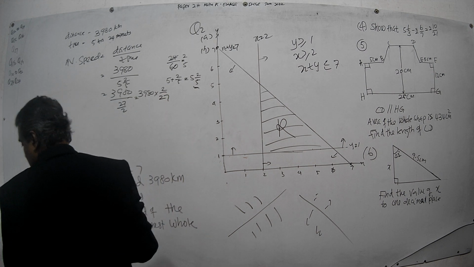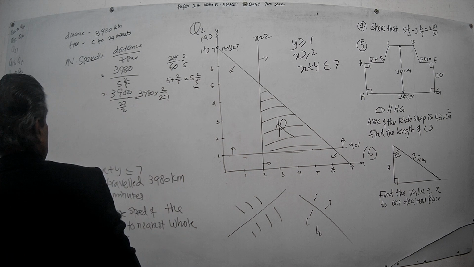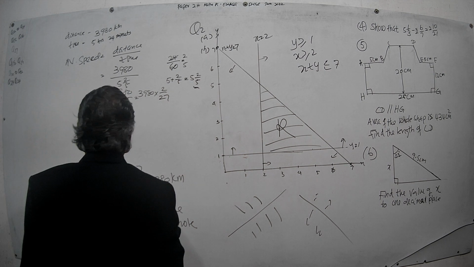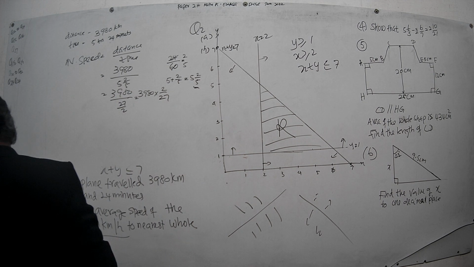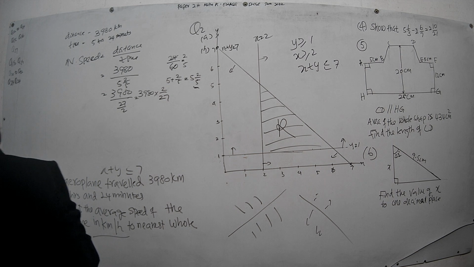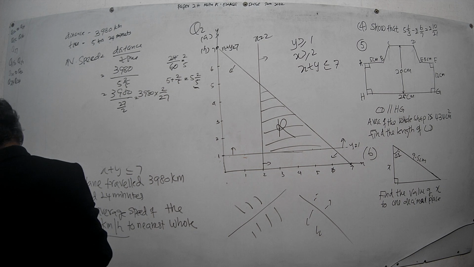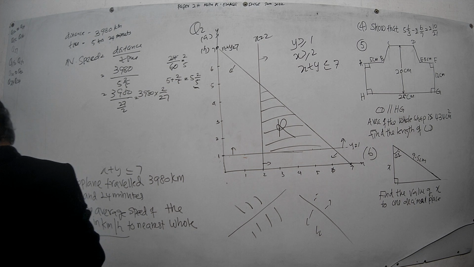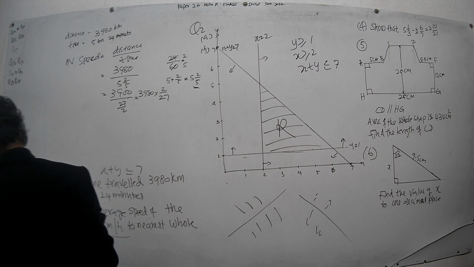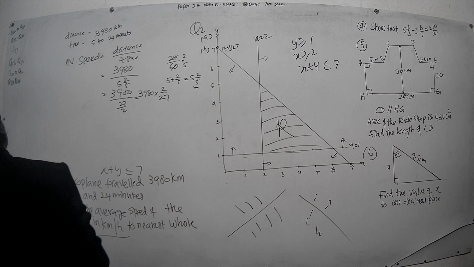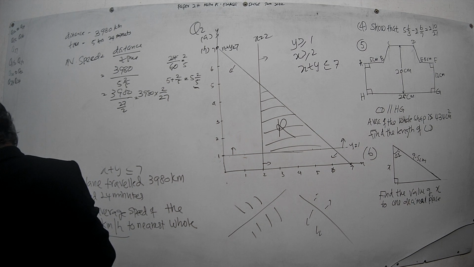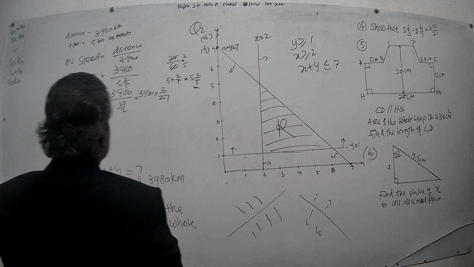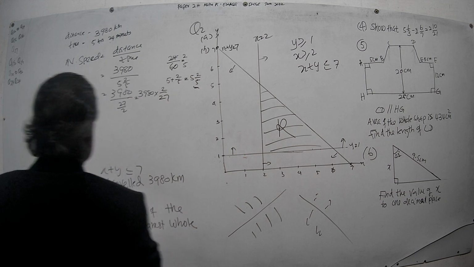Okay, now we use the calculator. That is 3980 multiplied by 5 over 27.